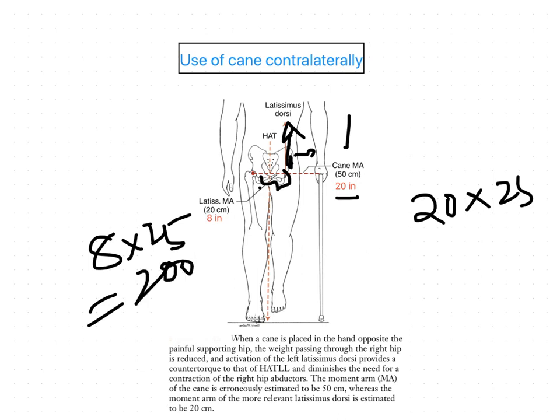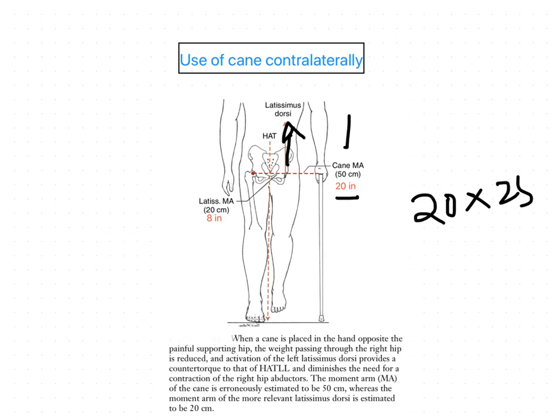Now this is a more accurate estimate of the effect of the cane held in the hand opposite to the painful or weak hip. Some contraction of the hip abductors is needed now.